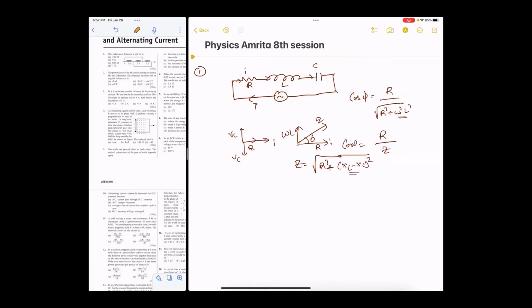If XL is greater than XC, then I lags voltage by phi. If XC is greater than XL, if capacitive reactance is more than inductive reactance, then I leads V by phi. That is the only difference. The cos phi formula remains the same, but whether it leads or lags depends on which one is dominating. Is it clear, guys?